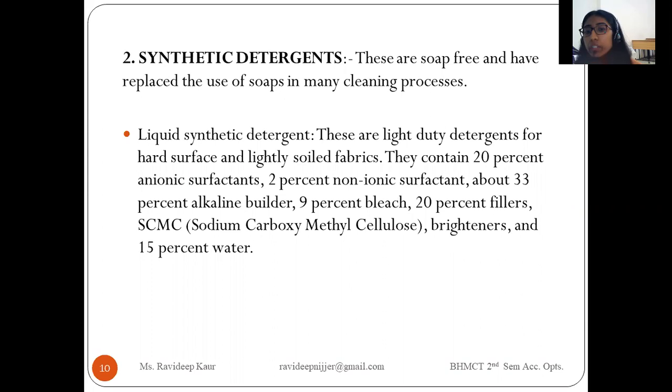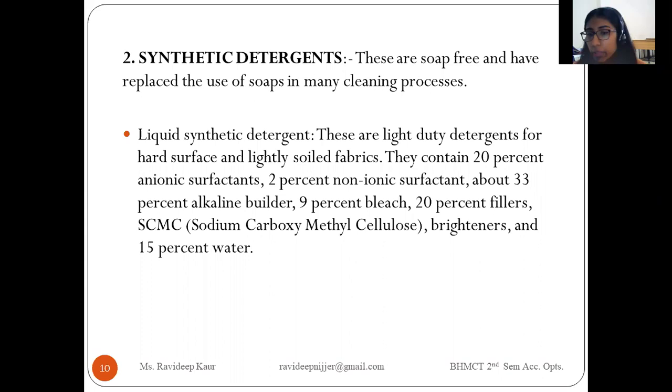They contain 20% anionic surfactants and 2% non-ionic surfactants, about 33% alkaline, 9% bleach, 20% fillers and brighteners, and 15% water. So this is the whole composition of what liquid synthetic detergent contains.